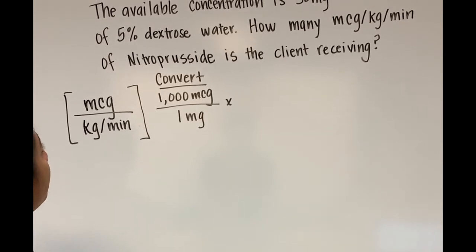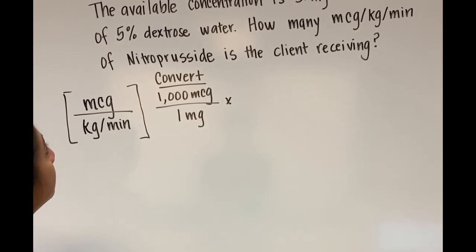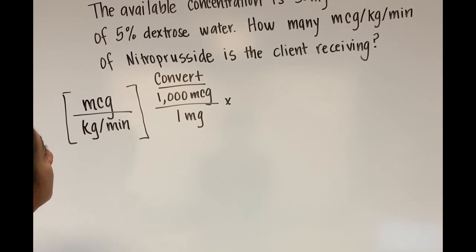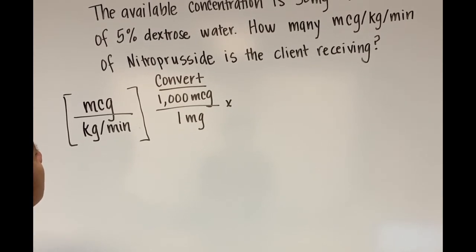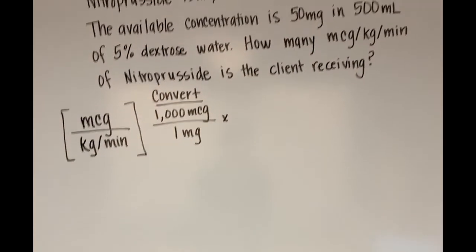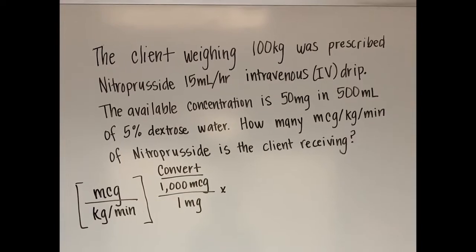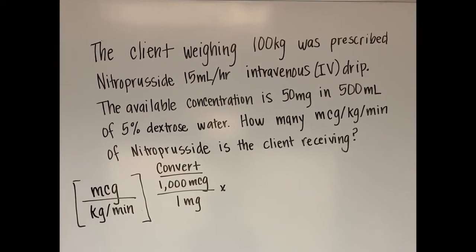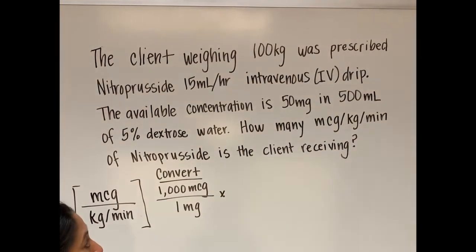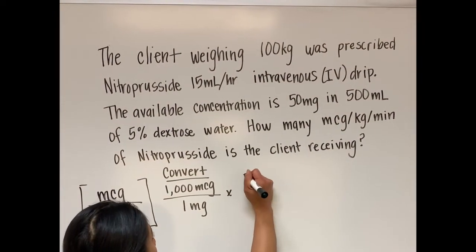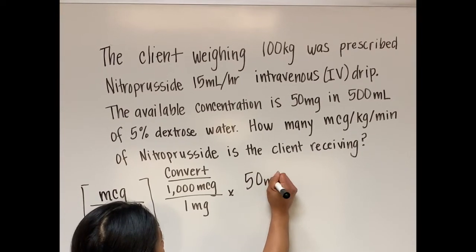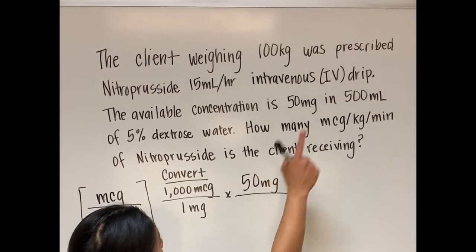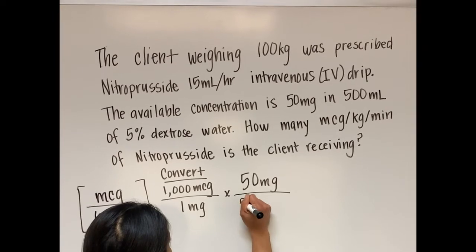So what do we have here that has milligrams? Okay. So where do we have another milligram? We have 50 milligrams inside the problem here, so we could use the 50 milligrams, which we know is in 500 mLs.